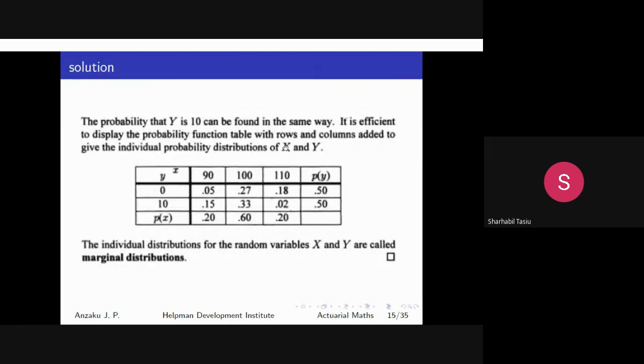Now here, for this value, we have 0.20 plus 0.60 for x greater than or equal to 100. Remember, our formula for probability of greater than or equal to: we'll do 1 minus the probability of less than. So we have 0.20 plus 0.60, or 1 minus 0.20.